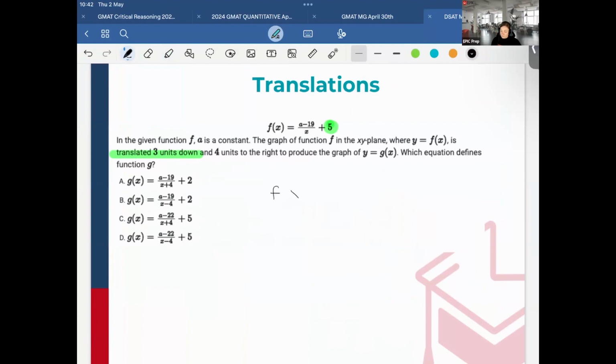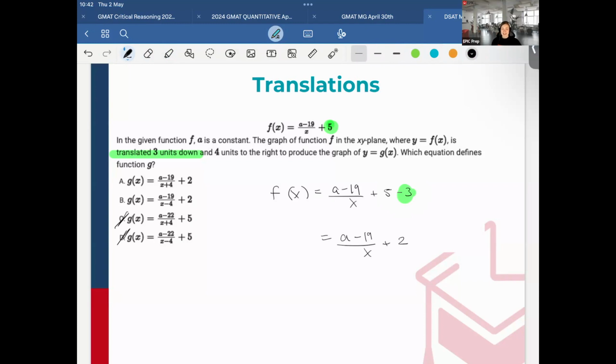So just to show, this will be a minus 19 over x plus 5. I know for sure this is being -3 down. So that's definitely going to be +2. So for sure I can eliminate C and D.